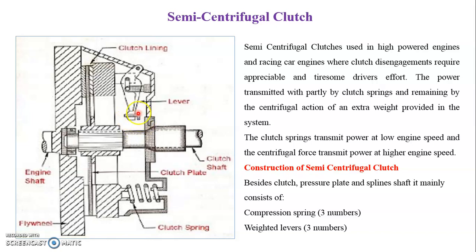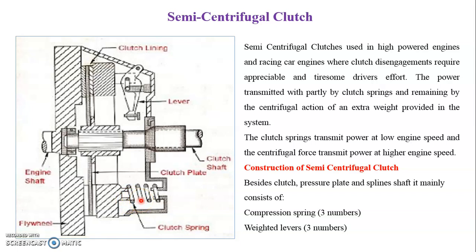Therefore, when the centrifugal force is high, this lever tends to move outwards, and thereby it actuates more pressure on the pressure plate. At moderate speed the pressure of the spring is sufficient to transmit the torque without any slipping of the clutch.